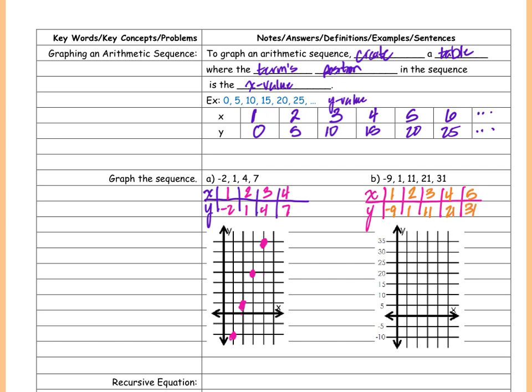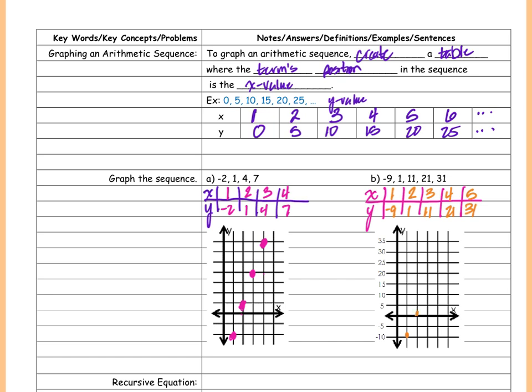I can't count very well today. Sorry, you guys. And now I'm going to graph it just like I did. So I have 1, -9. And I know that -9 is not quite on my graph. I'm just going to approximate where it's at. It's almost to -10. And 2, 1. Again, 1's not on my graph, so I'm going to approximate it.